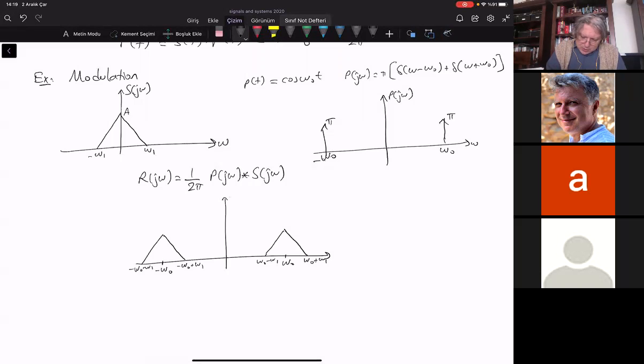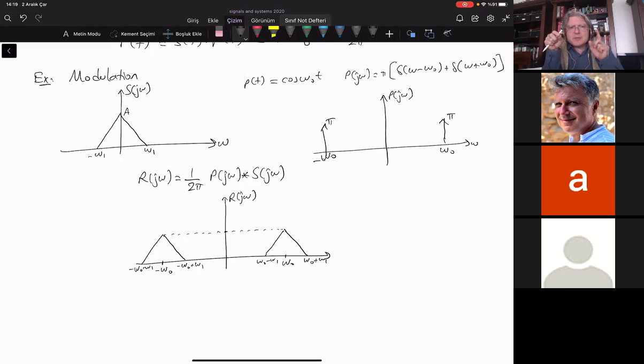This is R of j omega. What about the peak value? What is this point? If you take a look at S of j omega and P of j omega peak values, one of them was A, and P of j omega impulse values were pi.